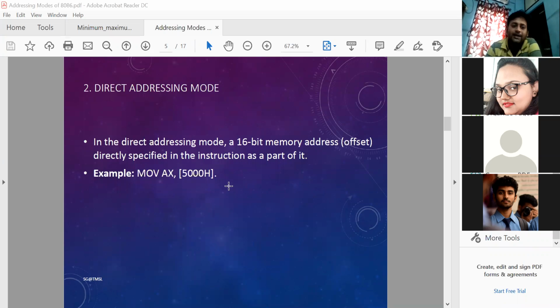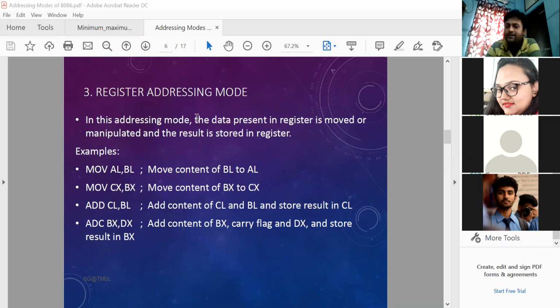Clear? The third addressing mode is register addressing mode, where register to register operation can be performed, such as MOV BL, CL, AL, BL, DL, CL, or MOV AX, BX, BX, CX. So any register to register, or ADD BL, CL. These are examples under register addressing mode.